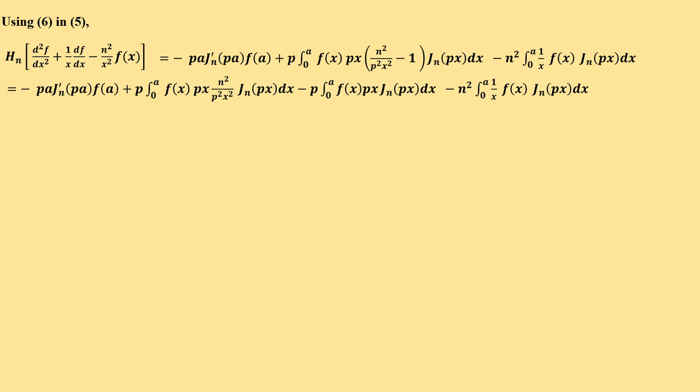We are splitting into two integrals. N square by p square x square into Jn of px dx minus p into integral 0 to a f of x px Jn of px dx.